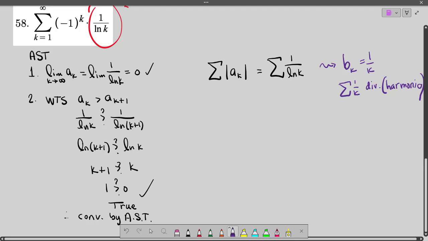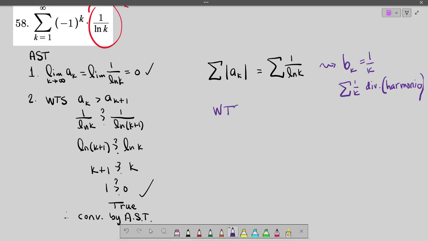And so what do we want to show? Do we want to show a sub k is bigger than b sub k or vice versa? Bigger or less? B sub k is bigger. The b sub k series diverges, and we know that bigger than diverging will diverge.